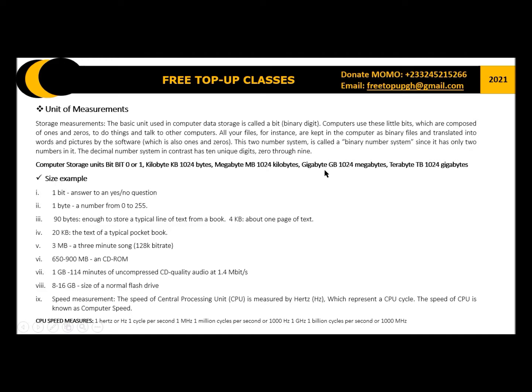I don't know if you are following. Let me take this through. A bit is 0 or 1. When we talk of a kilobyte, it is 1024 bytes. When we talk of megabytes, it is 1024 kilobytes. I don't know if you're getting it.